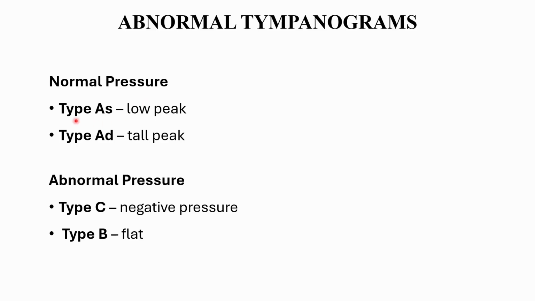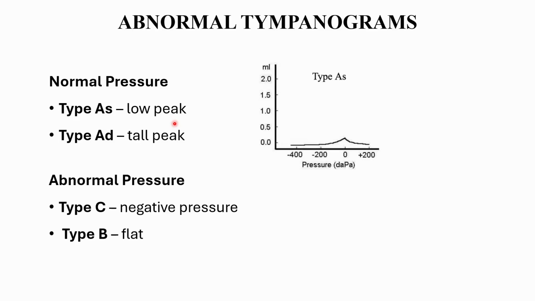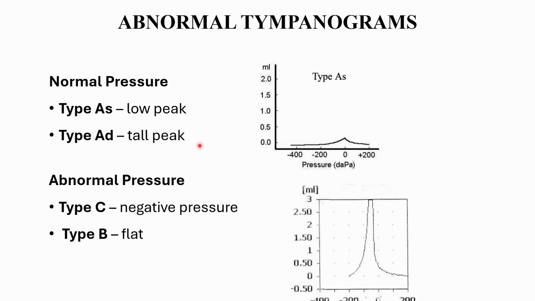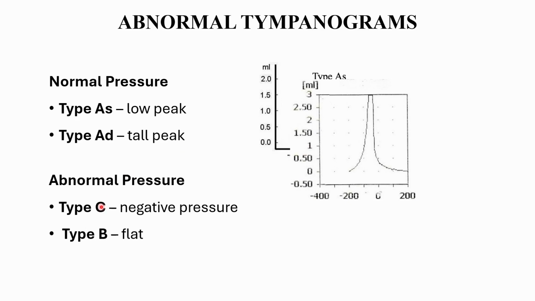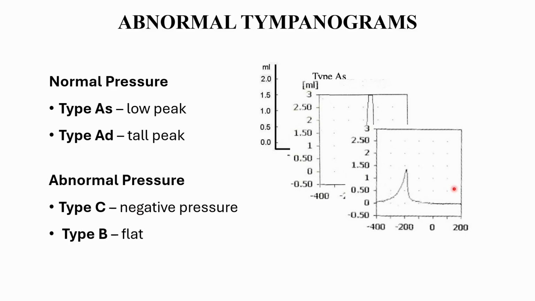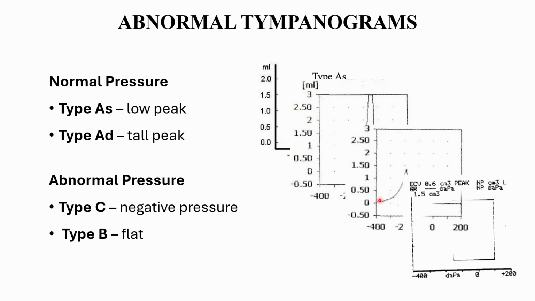So for normal pressure, one with the low peak will be AS, one with the tall peak will be AD. Type C, or the peak in the negative pressure, is C, and one where there is no peak at all at any pressure, it is a flat or type B.